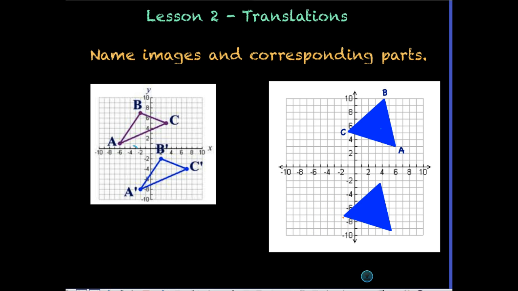So as we remember, this shape, if we duplicated it and we slid it, then our A has to be here. And this we would call A prime, remember, because it's an image. Our B would be up here, and that would be B prime, and then our C would be down here. So it's very important to keep corresponding parts, corresponding angles, corresponding vertices labeled the same.